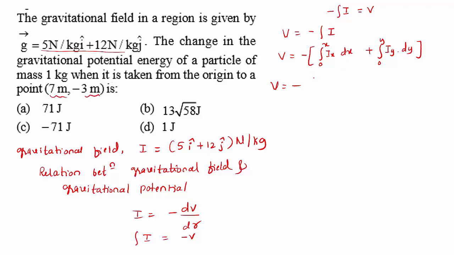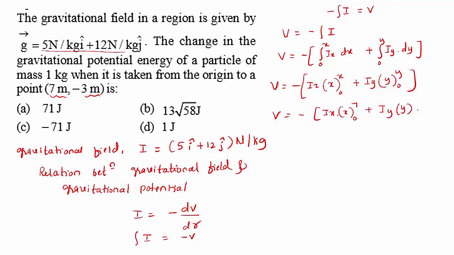Substitute here. First we have to integrate the value. Ix take outside. Remaining is what? Integration of dx. Integration of dx is x from the limit 0 to x, plus Iy take outside. Integration of dy is y from the limit 0 to y. V equal to minus, keep as it is, Ix into x from the limit 0 to x. 0 to x means for the x component I can write 0 to 7, plus Iy, keep as it is.